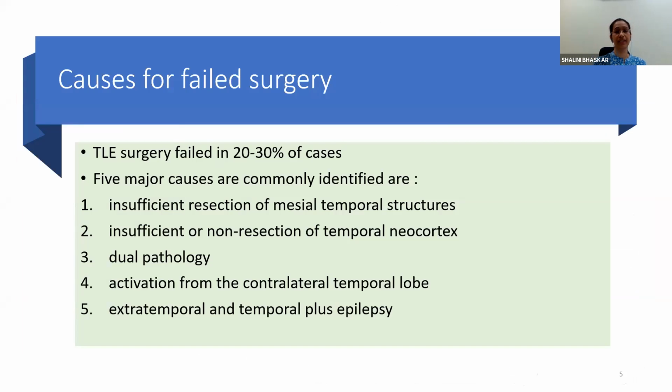TLE surgery failed in 20 to 30% of cases, and 5 major causes are commonly identified. 1, insufficient resection of mesotemporal structures; 2, insufficient or non-resection of temporal neocortex; dual pathology; activation from the contralateral temporal lobe; and extratemporal and temporal plus epilepsies.